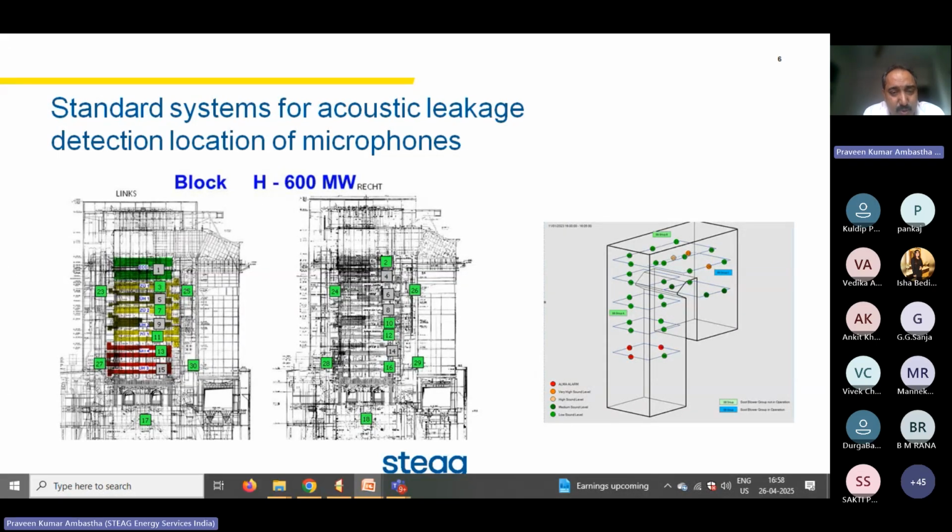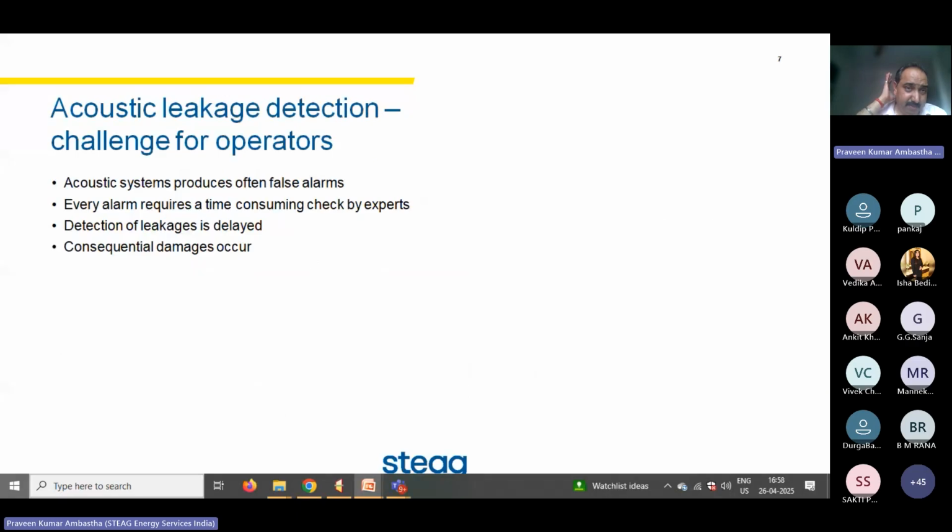We shall have to cover the full boiler, especially the first pass area. On the right side, you can see it is like a two-pass boiler. These are the points and areas where we shall have to locate the sensors. So acoustic signals are a must.